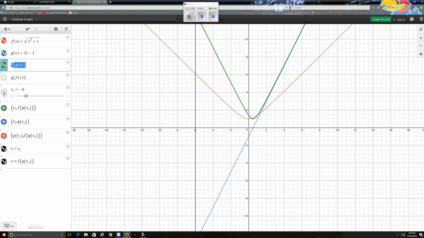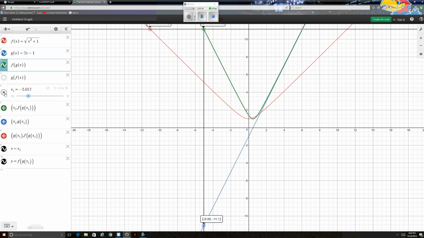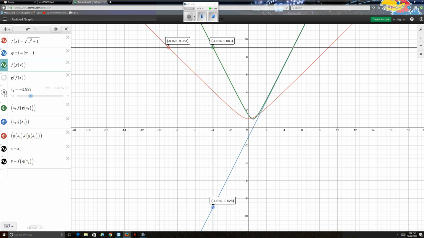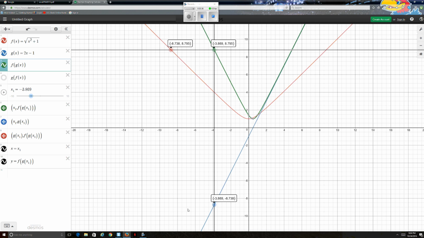So watch what happens. I'll pause it here in a second. In a composition of functions, let me pause it right here. Remember, we're plugging into g of x first. So here's our x value, negative 3.869. It gets plugged in here.